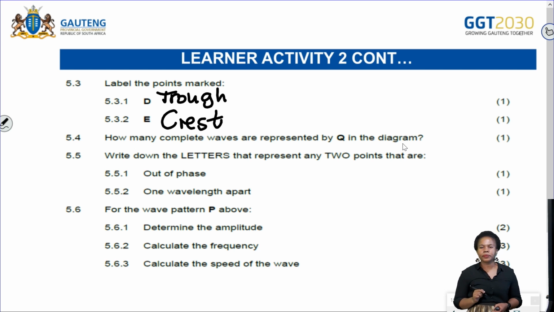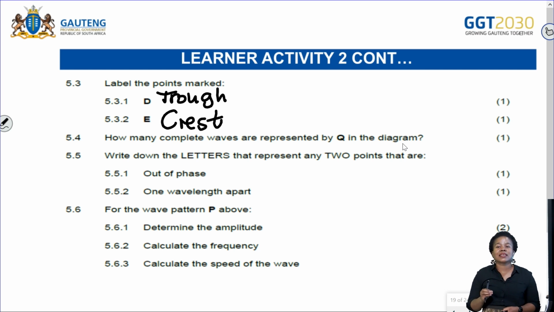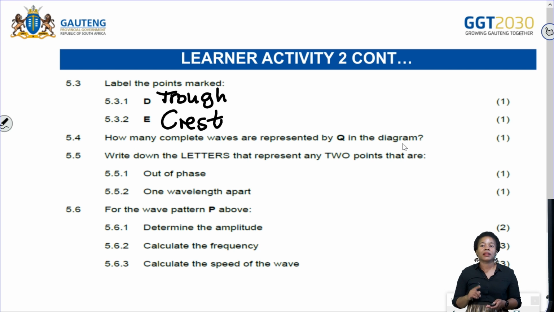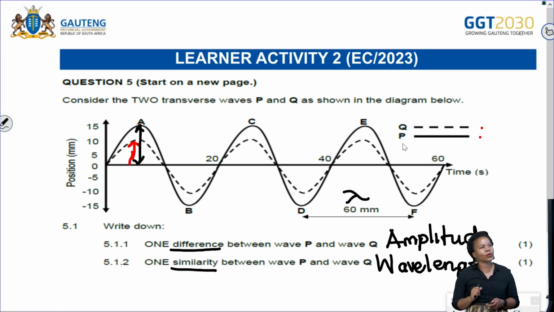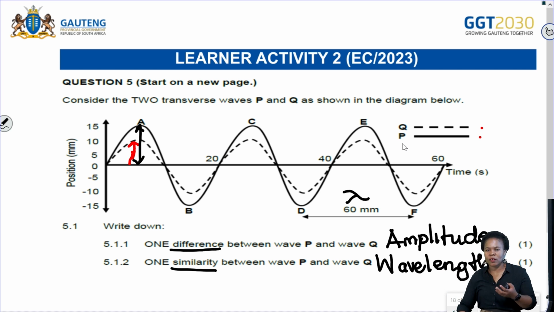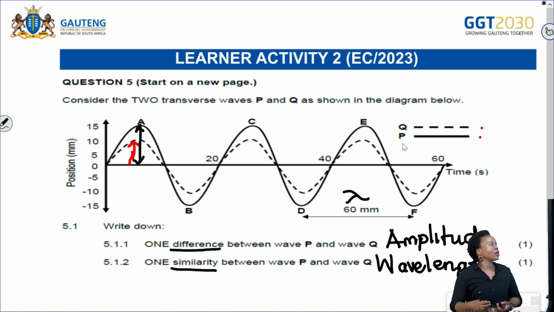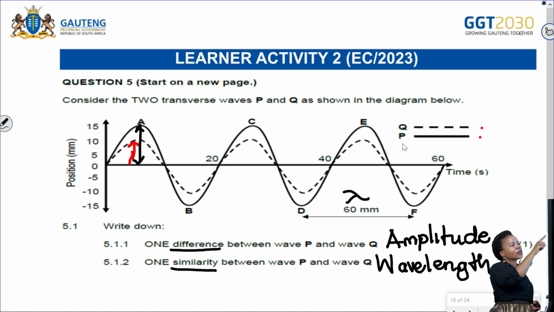How many complete waves are represented by Q in the diagram? Let's go back, but now we're focusing on Q, the dotted one. Remember, waves have to have crest, trough, crest, trough, in that order.